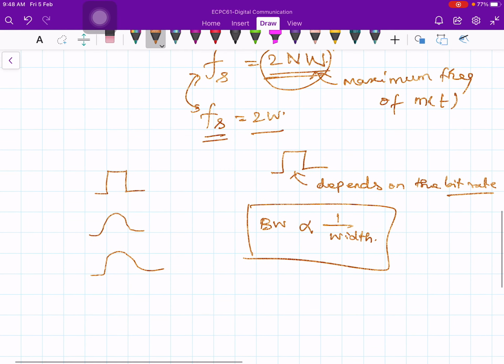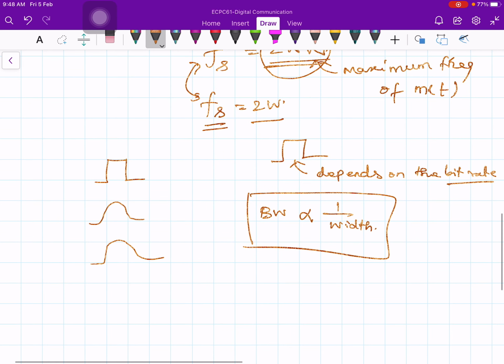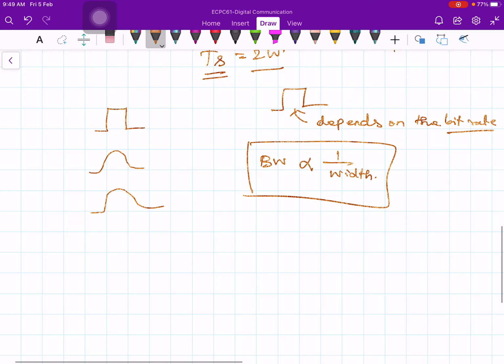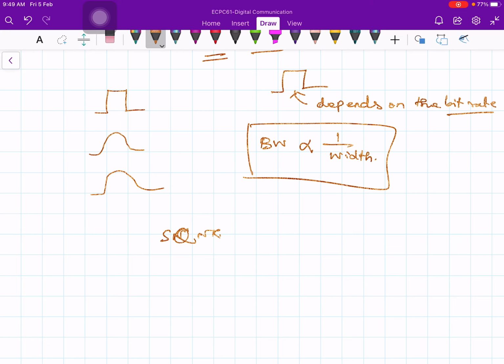Therefore, let us now do the computation for signal to quantization noise ratio in both cases. First, let's calculate for the PCM, whose result you already know. We have already calculated that.